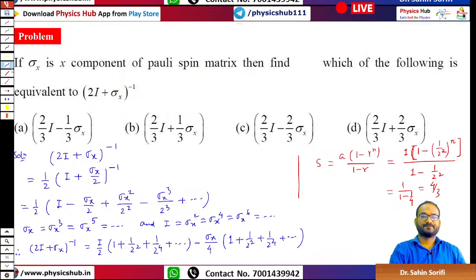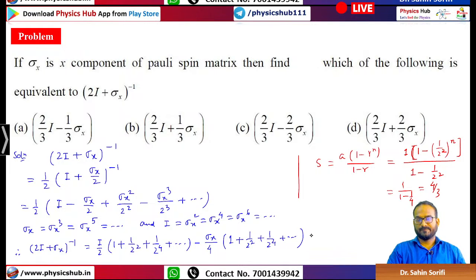So this becomes I by 2 times 4 by 3 minus sigma x by 4 into 4 by 3. This is nothing but 2/3 identity minus 1/3 sigma x, which matches option A.